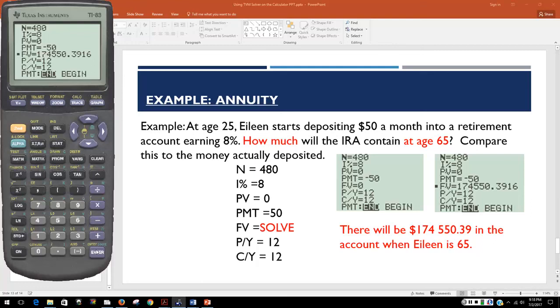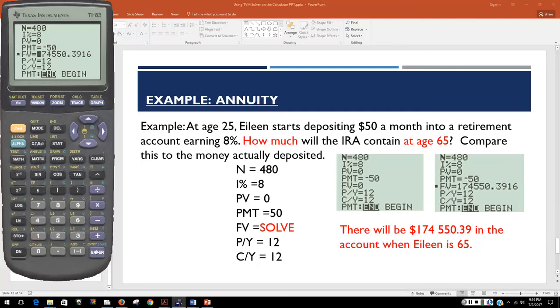And at the end of that time, when she's 65 and she's ready to retire, there will be $174,550.39 in her retirement account.